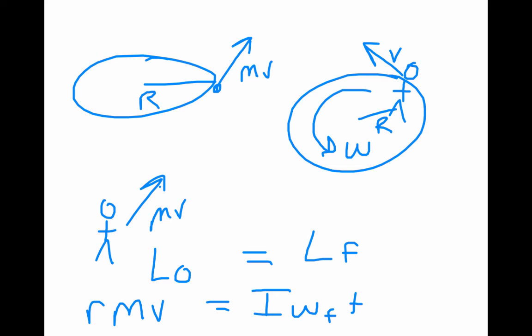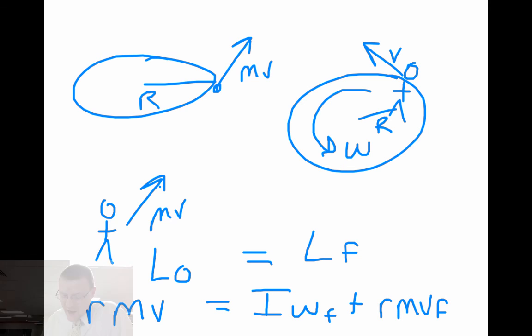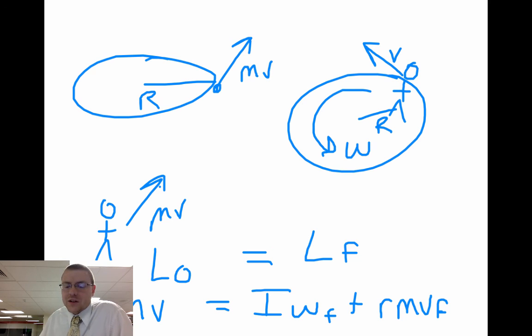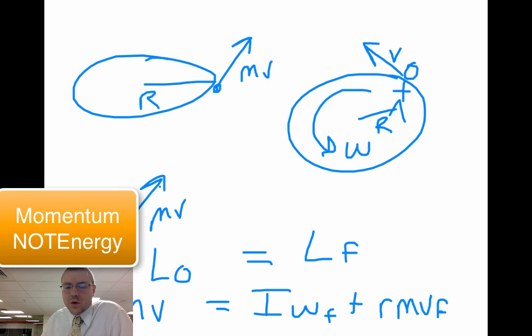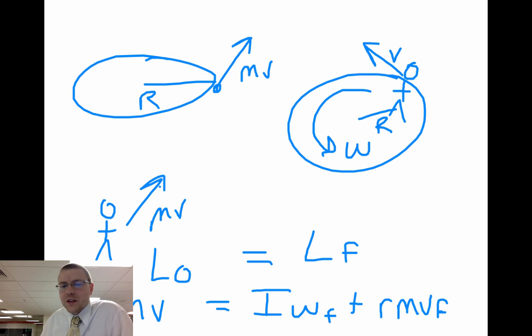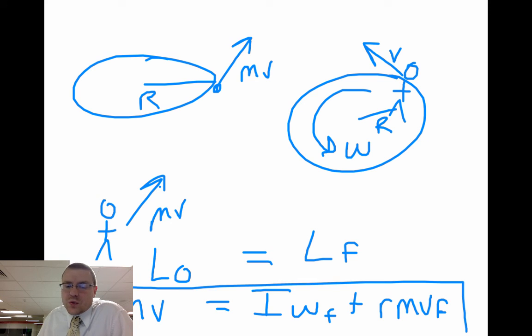So really you could do RMV final for the person afterwards. And now we've set up a conservation of momentum equation for before and after, even though the wheel wasn't spinning before the collision. Once again, to prove if the collision here is elastic or inelastic, look at the energies.